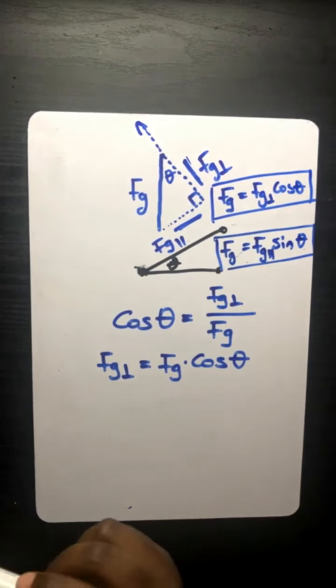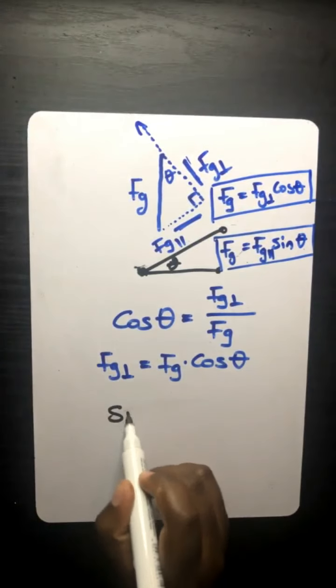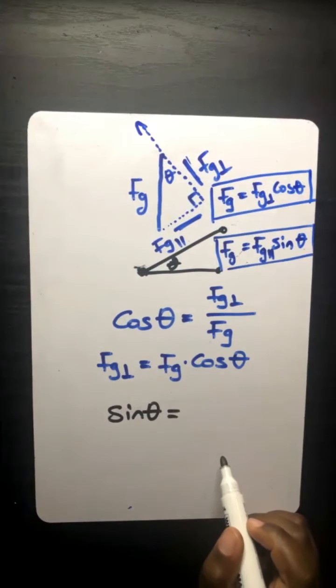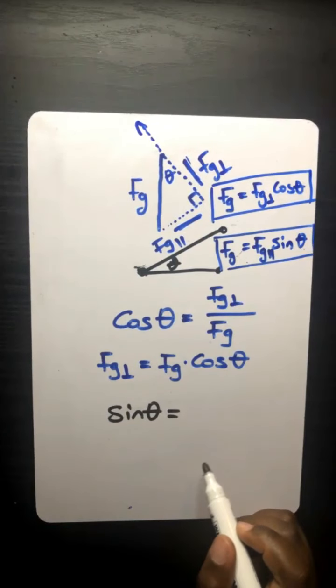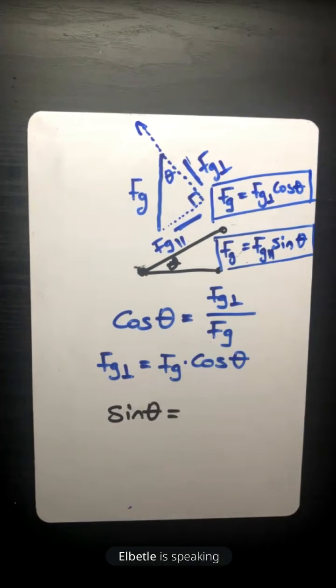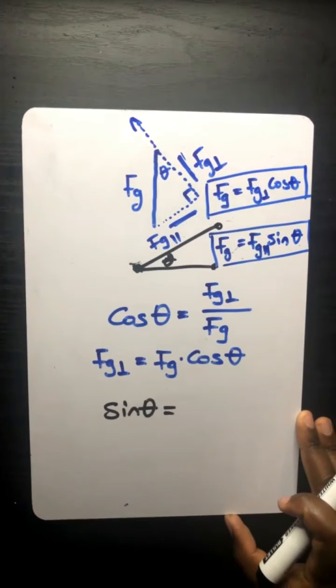Then we do the same for sine. We say sine angle is equal to, what is the trig ratio for sine? Opposite over hypotenuse. What is opposite in this case? FG parallel.